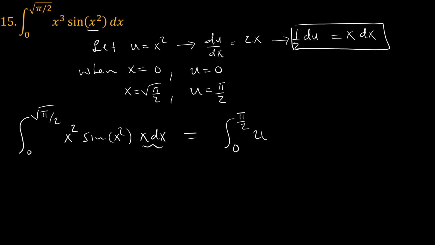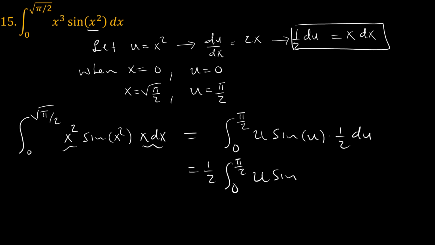U is the x squared term, sine of u, so this is a half, 0, pi over 2, u sine u.